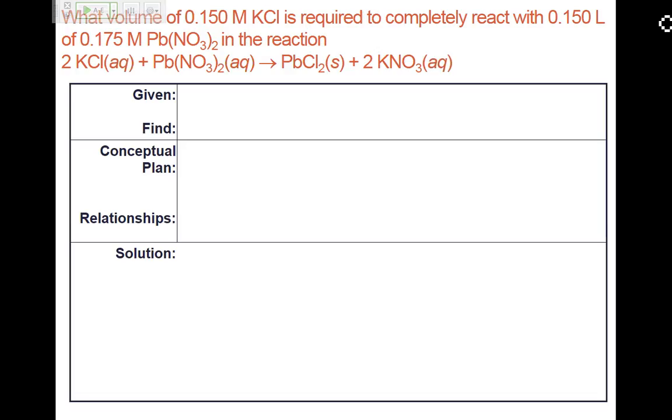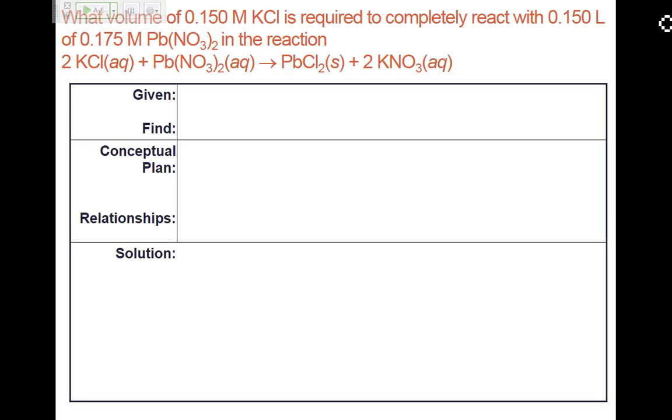That relationship is only relating moles of KCl to liters of that solution. I also know the volume of PbNO3 I have, and I know the concentration of that solution. And again, don't write down 0.175 moles. Write down 0.175 moles PbNO3, so you don't get lost as to what solution is what.